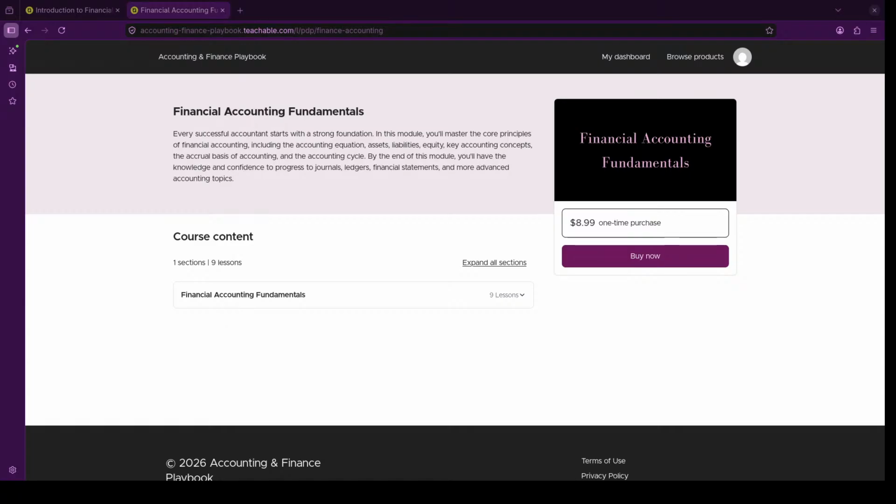You're able to classify current and non-current assets, current and non-current liabilities, and the components of equity. From that course, you understand the accounting equation.